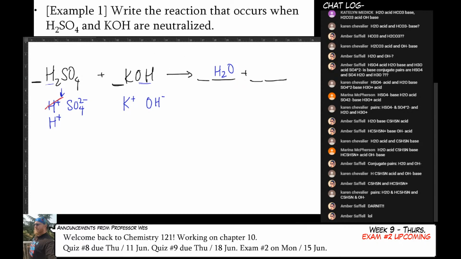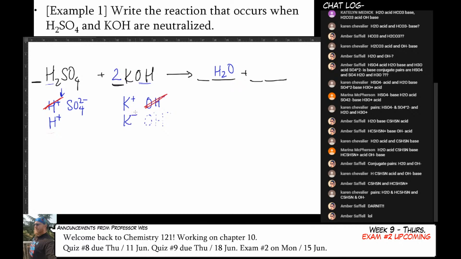Now, here's my water that I made. I'm going to cancel out my water as I make it. But you'll notice that I have left over H+. So what I need to do is I need more hydroxide to pair it with. If I had a hydroxide here, I could then react it with this H plus that's here. How do I do that? Well, I just go grab another one by putting a 2 here.